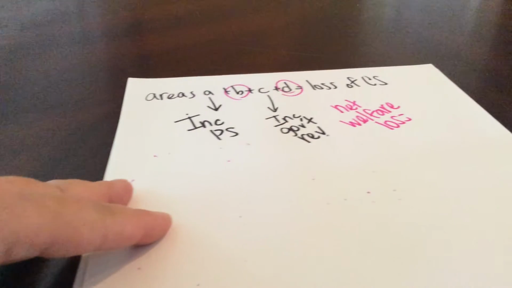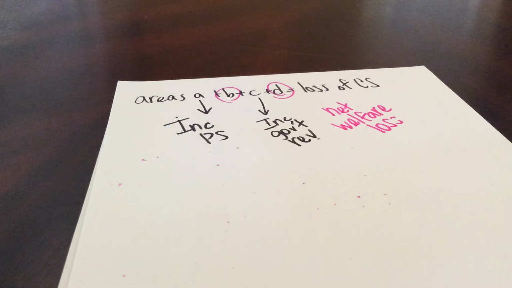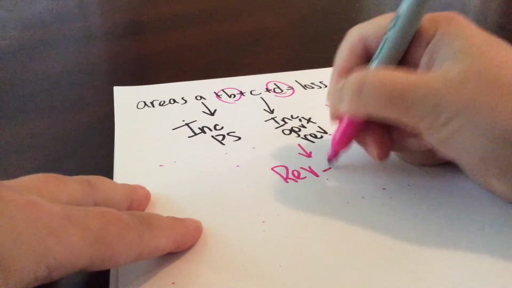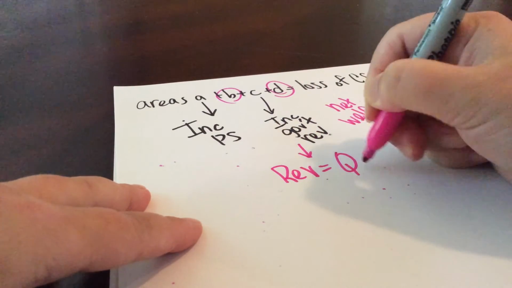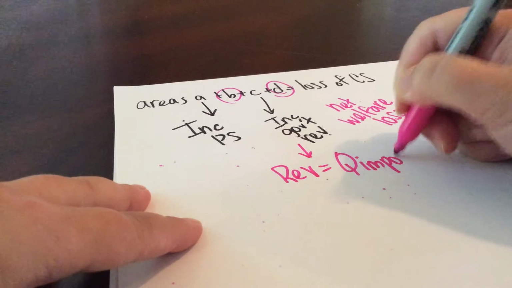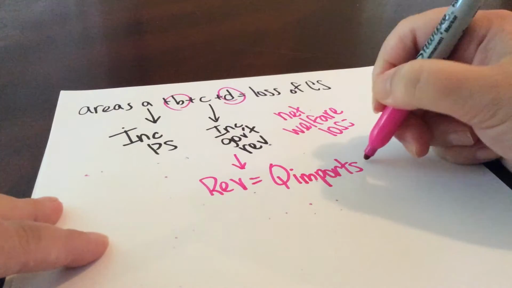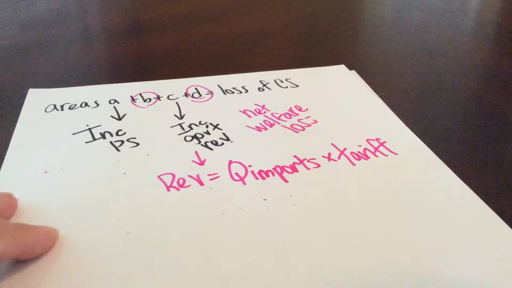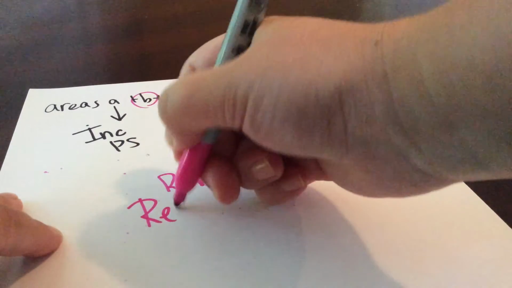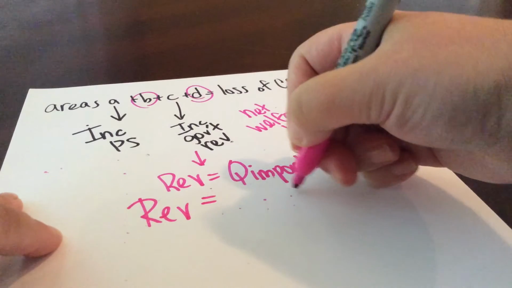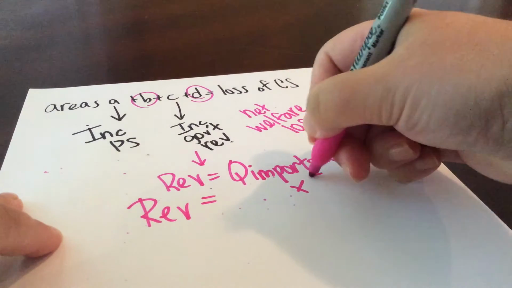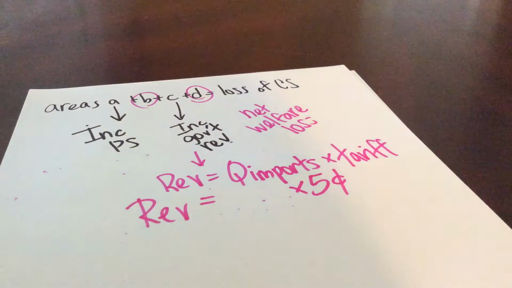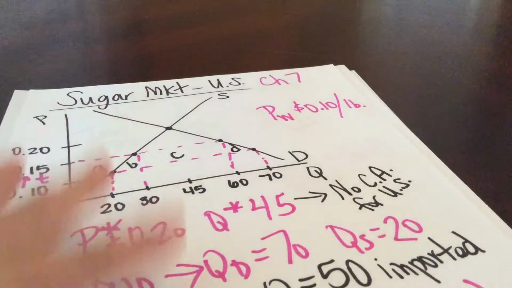So let's now look at how we would calculate this increase in government revenue. Their revenue is simply going to be the quantity of the imports only, because that's what is getting the tax levied on it, times the amount of the tariff or the tax. Again, we saw that our tariff is 5 cents per pound. Now we need to figure out the quantity of our imports.